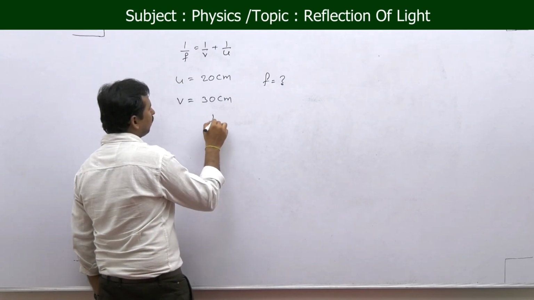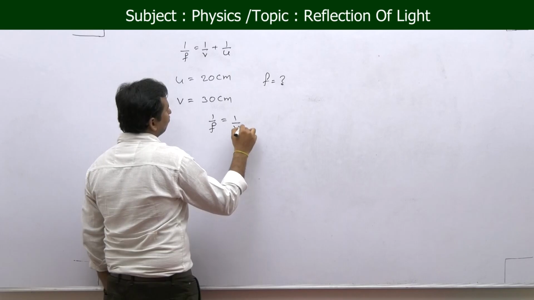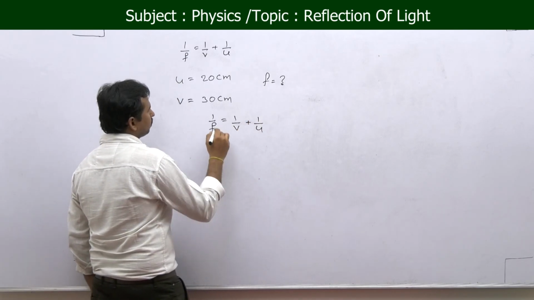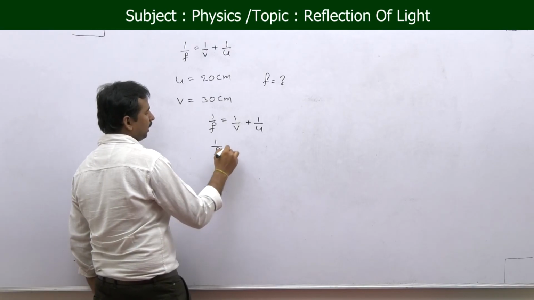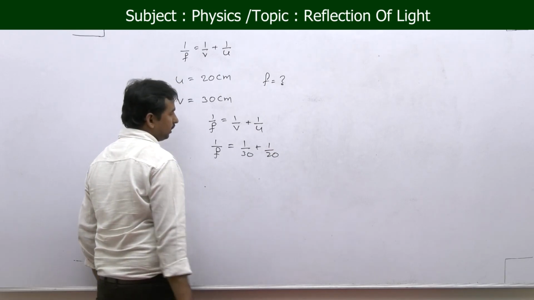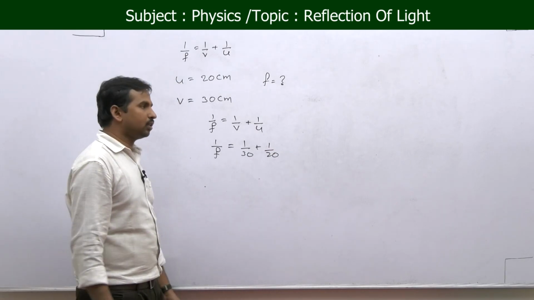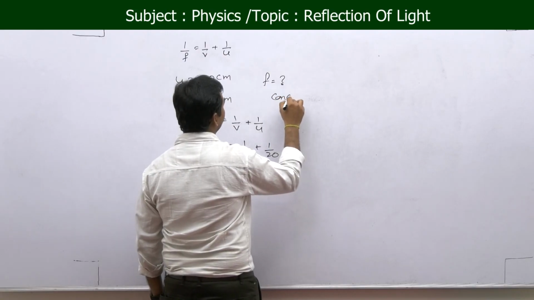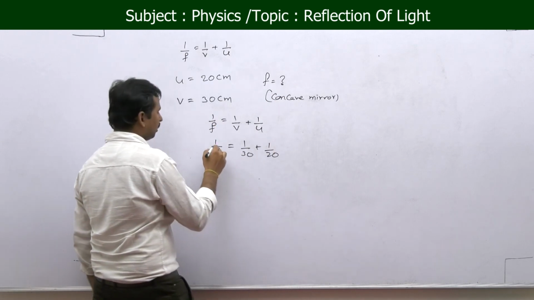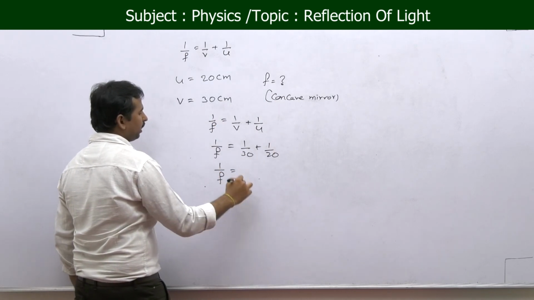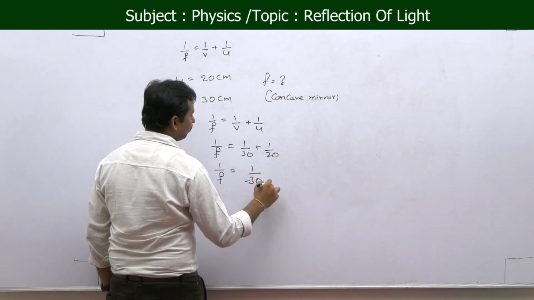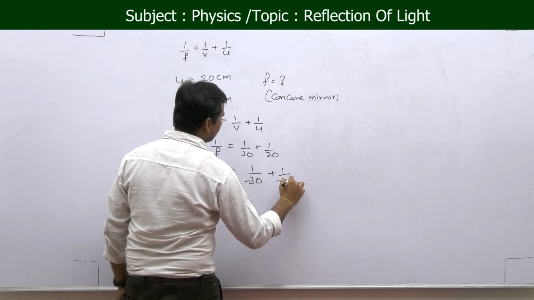Again using the mirror formula, 1 by f is equal to 1 by v plus 1 by u. We have to find the focal length, v is given as 30, and u is given as 20. If you apply the sign convention for this concave mirror, for the focal length, as we don't know the value, there is no need to apply it. The image distance is minus 30, and the object distance is also minus.